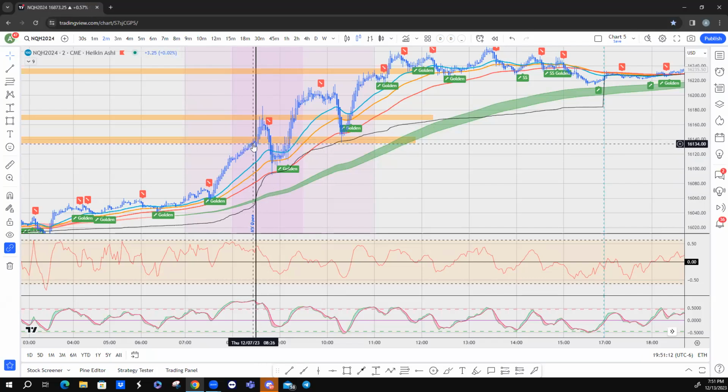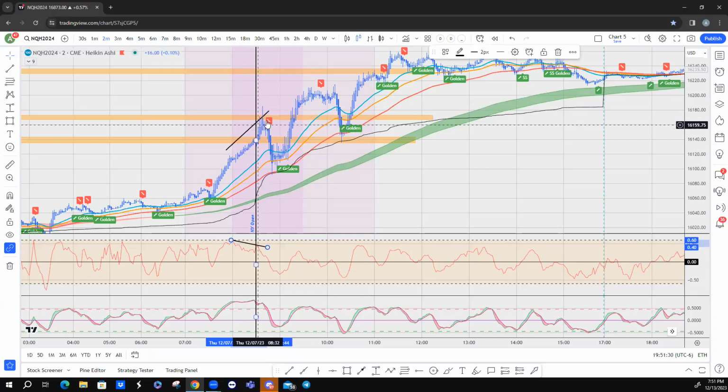Okay, so what happened here? It actually went up a little higher at this resistance level, and it did turn. So right here, all this is a bearish divergence, which you can see right here and right here.